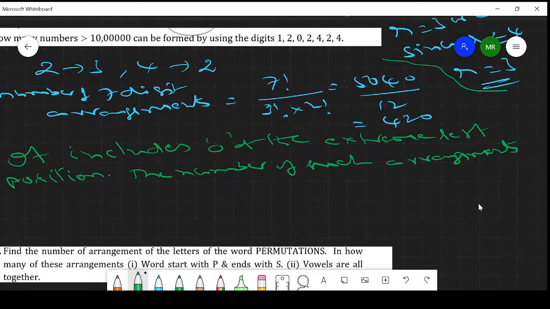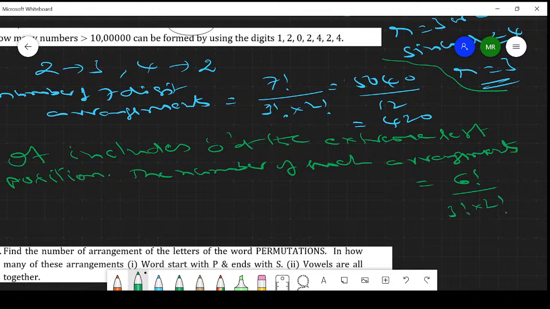When I am talking about this number of such arrangements, I can find when 0 takes the extreme left position. Suppose without 0 I am taking now, the number of such arrangements will be 6 factorial by, that means fixing 0 at the extreme left. If you fix 0 at the extreme left, the remaining is 6 factorial by 3 factorial 2 factorial.